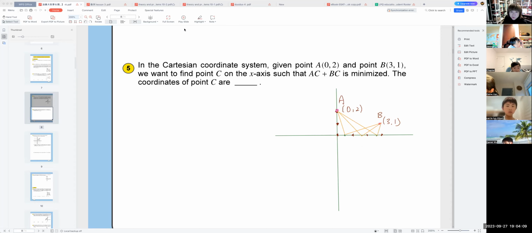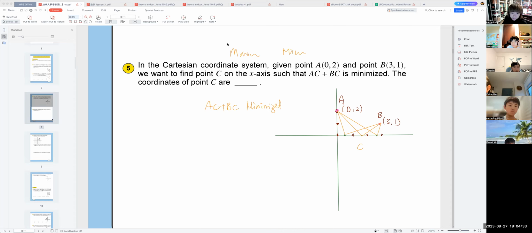So they want AC plus BC to be minimized, so the smaller, the better. Let me ask you a very simple question. Boys and girls, we have all learned the maximum value and minimum value. Don't you remember? We learned it a long time ago, right?